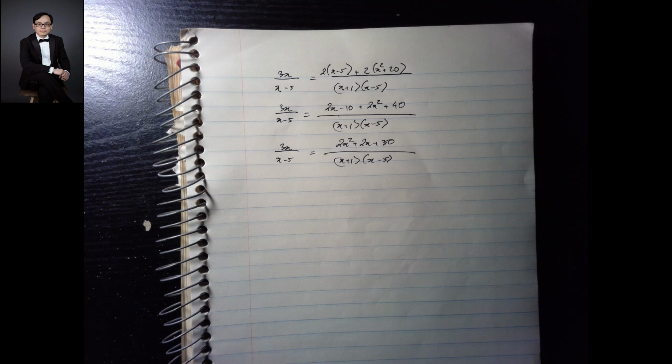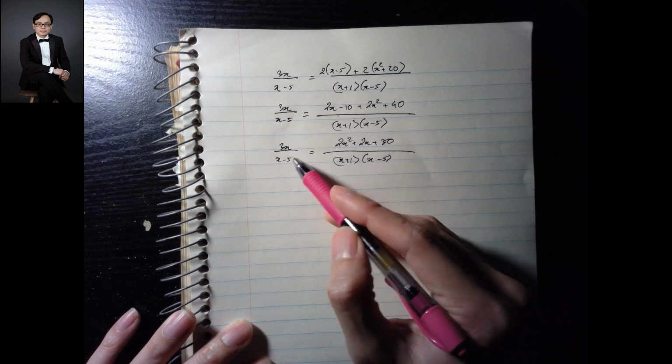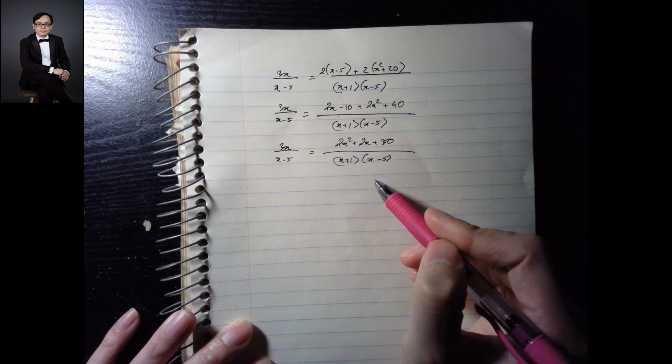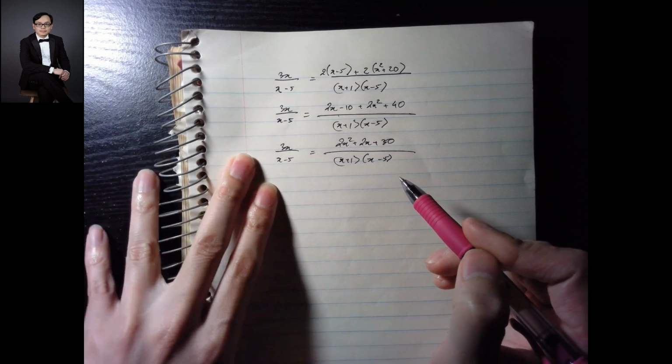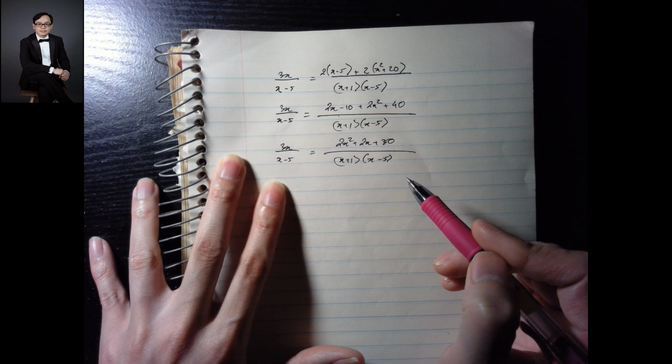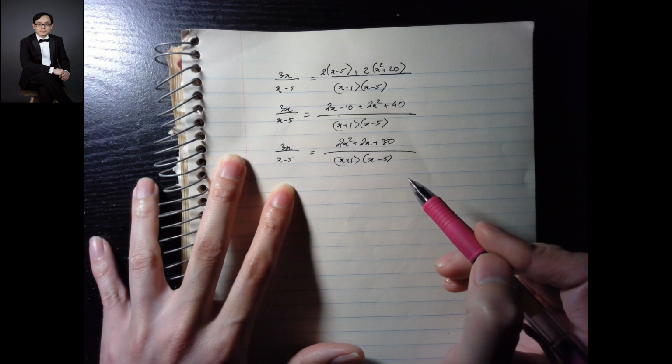Or you can cross multiply, or multiply both sides by x minus 5. There are so many ways to do it.